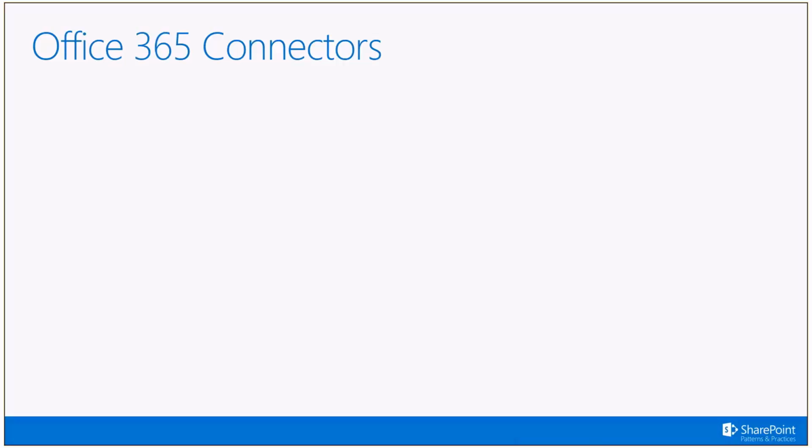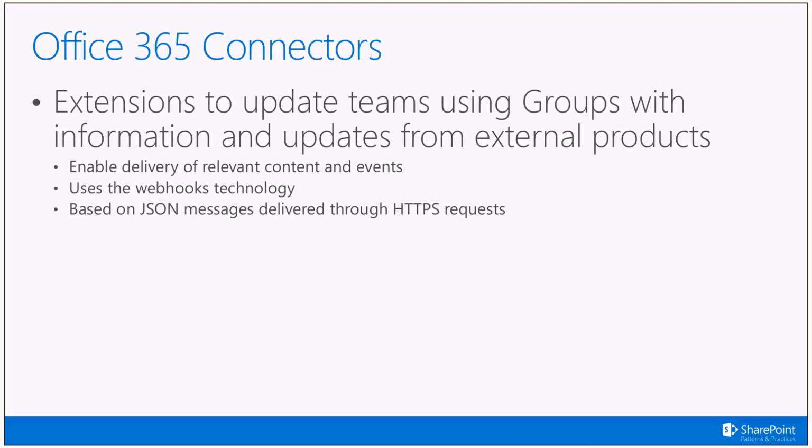Okay, thank you. So, first of all, we need to figure out what an Office 365 connector is. Basically, Office 365 connectors are extensions for Office 365 groups and teams. Those extensions allow us as developers, as well as third parties, to send messages or information or events toward a group, to make live information available to users that are consuming a group.